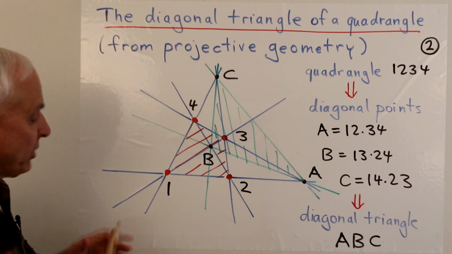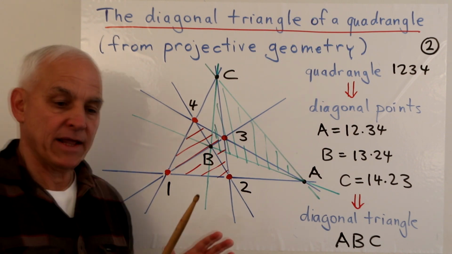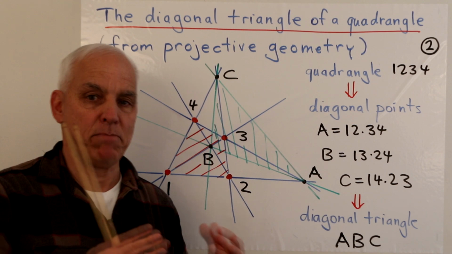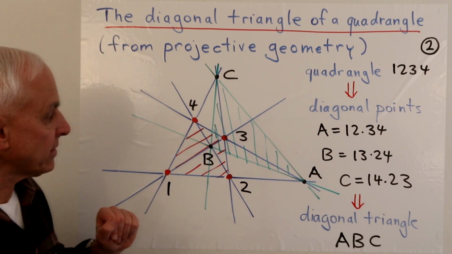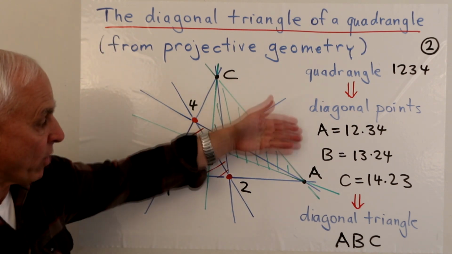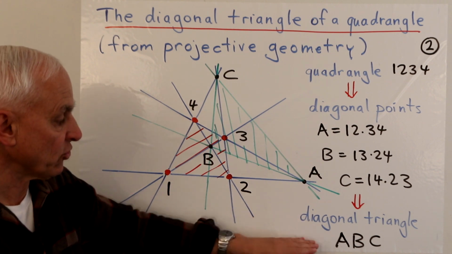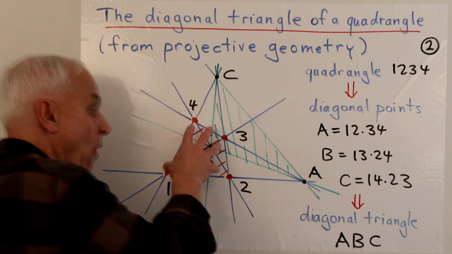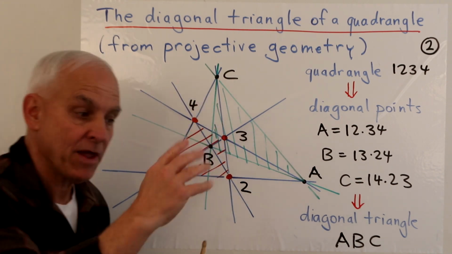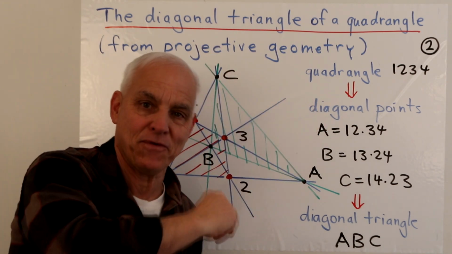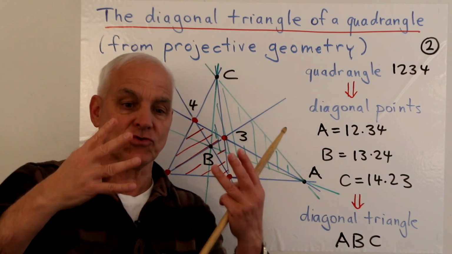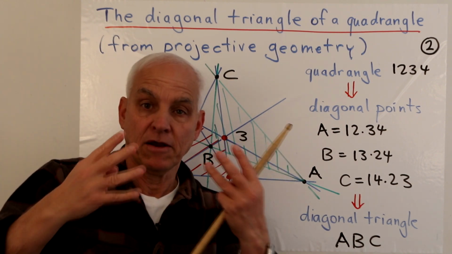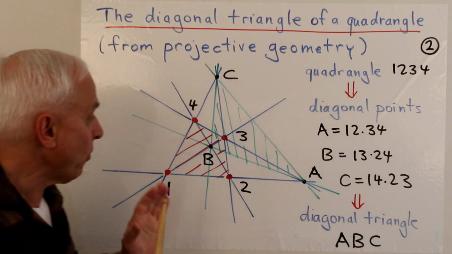And I want to show you the 3 meets that I showed you in the last slide, but now all together on the same picture. Okay? When we do that, we get 3 diagonal points and a corresponding diagonal triangle. So we get a very important construction that associates to a quadrangle consisting of 4 points, a triangle consisting of 3 points. All right, so this is a very strong example or a geometric illustration of this 3 to 4 bridge.